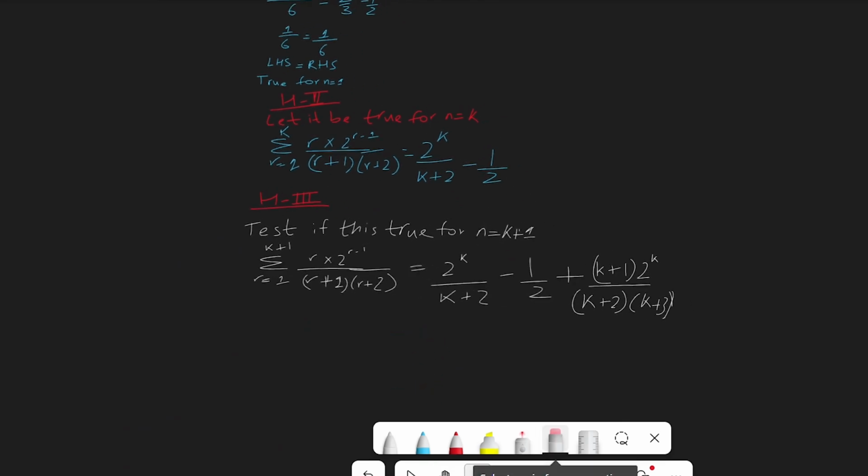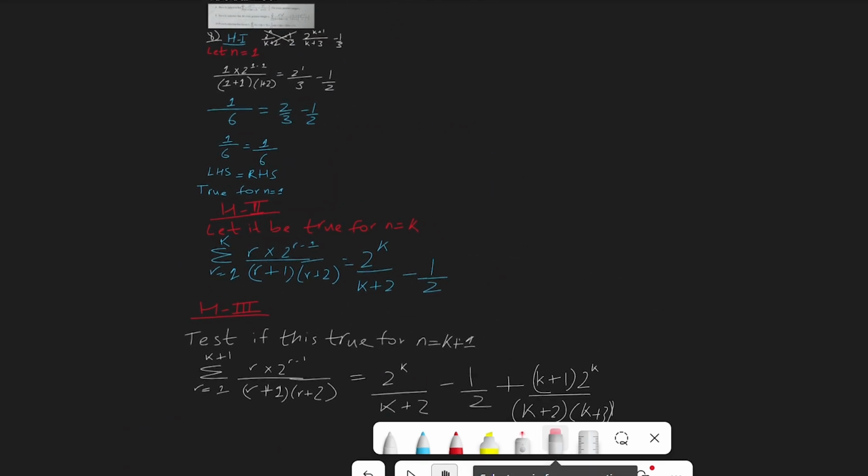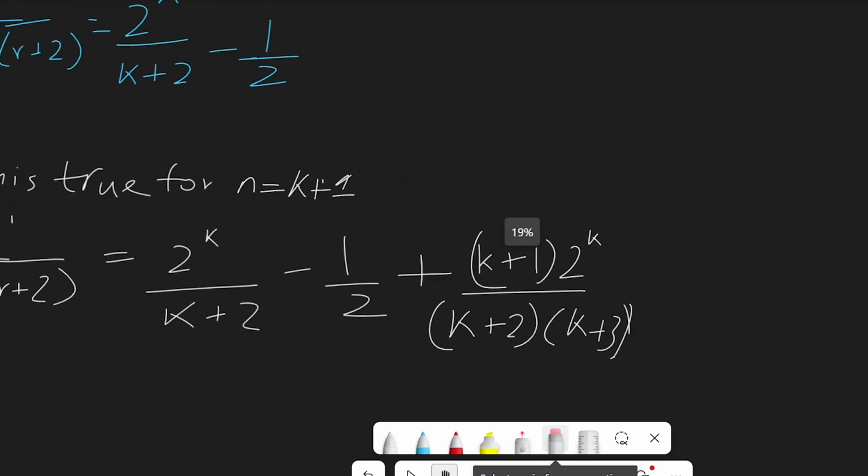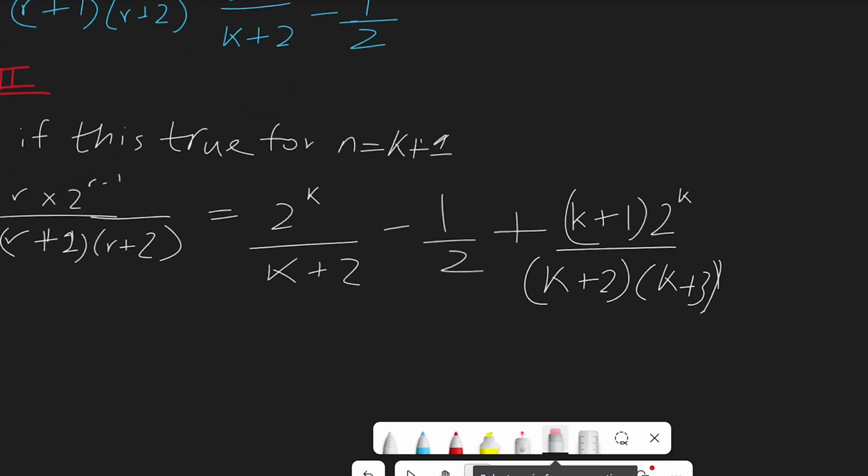So what is our hypothesis 3? First step is that we need to find out something common over here. I can see something, that is this k plus 2 and this k plus 2. And in the numerator we have a 2 power k as well. Perfect.